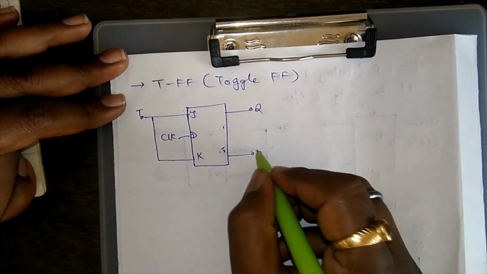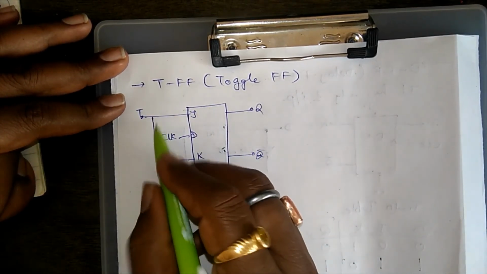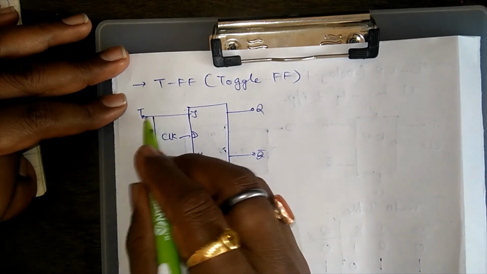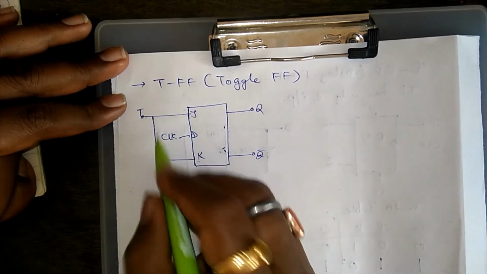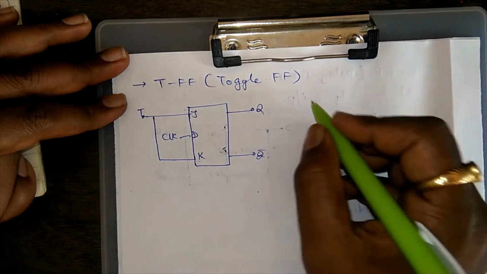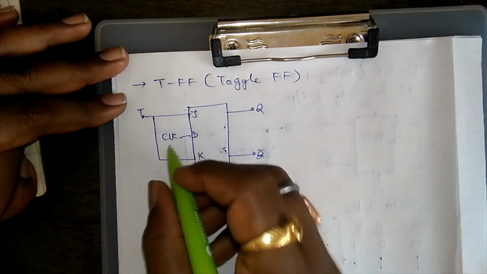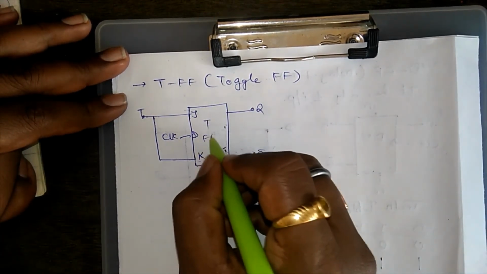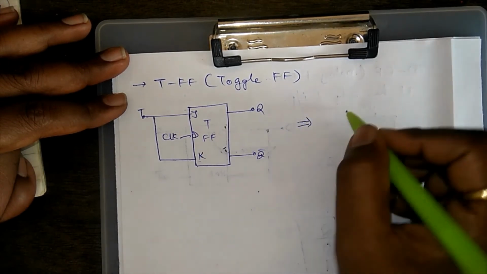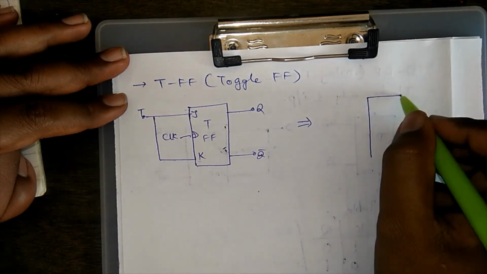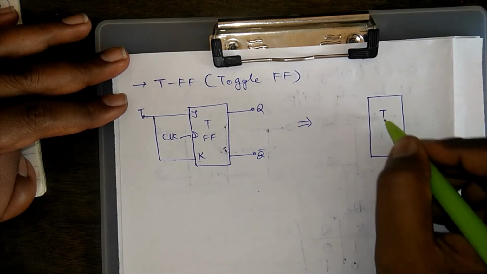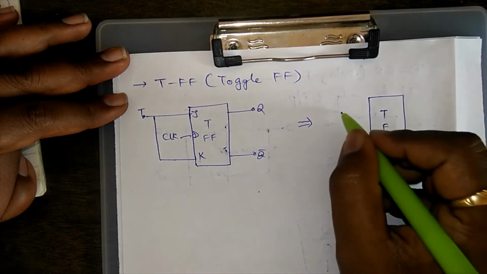Q and Q bar. No NOT gate is being used here, nothing will be there. Directly both the inputs are shorted by a single line. This is how the T flip-flop is made. The final symbol is like this.